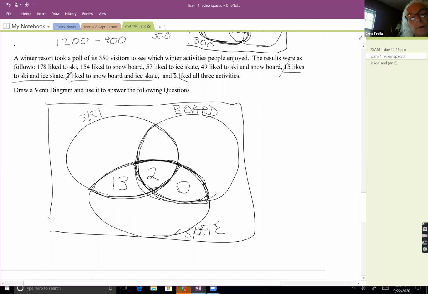That's supposed to add up to 49, so we need 47 more. 57 like to ice skate. But we've got, what, 15 in there already? So we need 42 more.